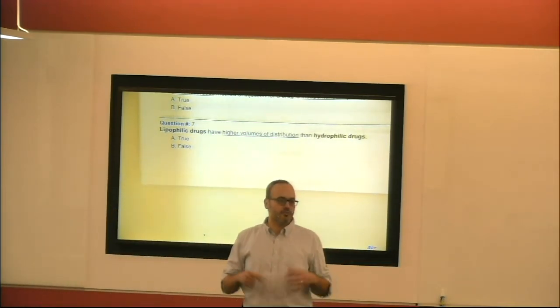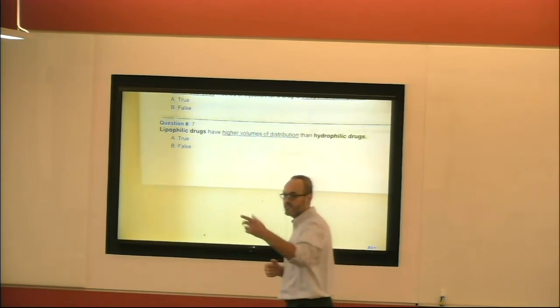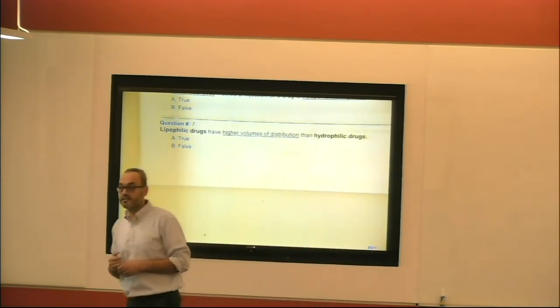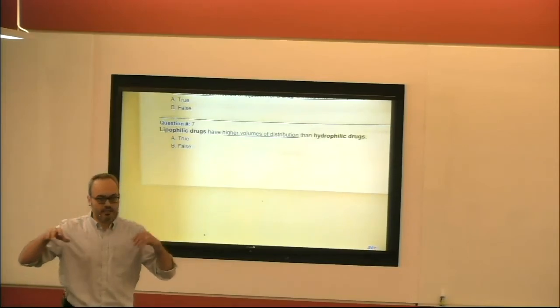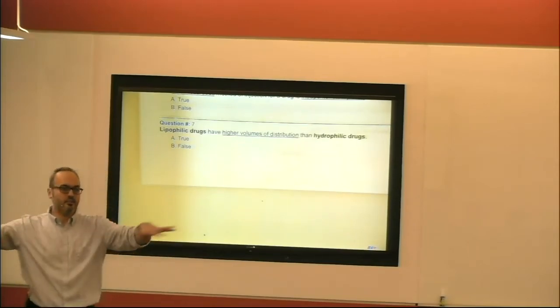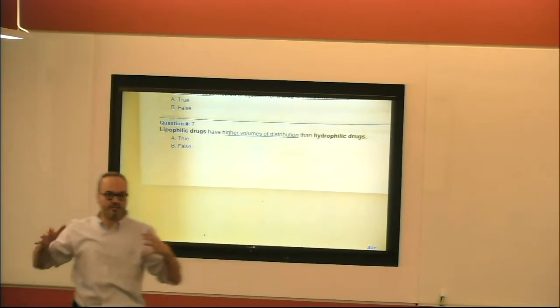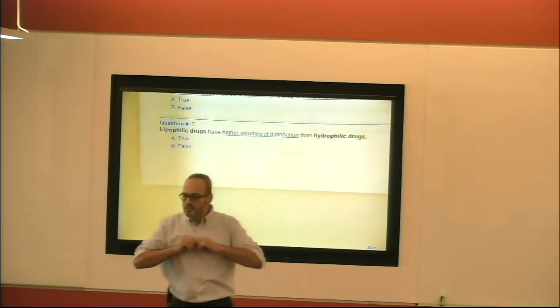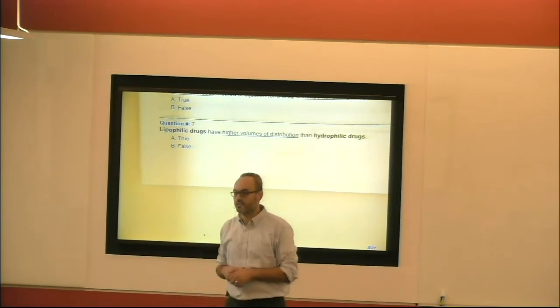So what does that mean for the volume of distribution? Yes, Kevin. It goes higher, right? Imagine you give a drug and it goes deep inside the tissues, then it has a larger volume. But if the drug stays only in the blood and does not spread to other parts, then it has a smaller volume. Think about it in this way, okay?